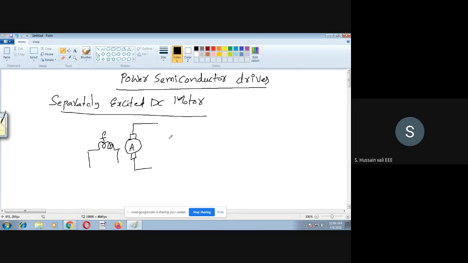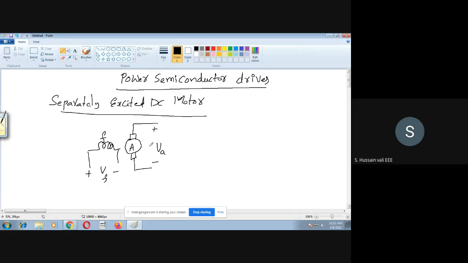If you recall the basic equations of the separately excited DC motor, we will get some conclusions. Let me take this as the armature voltage VA and this as the field voltage VF.